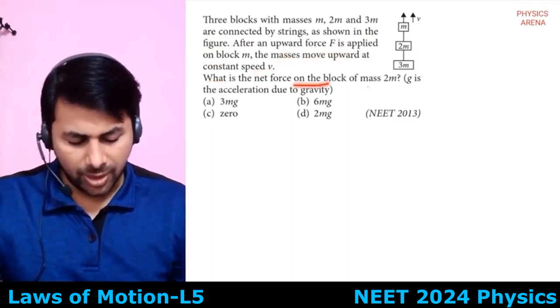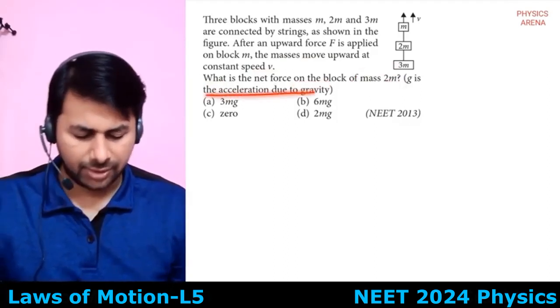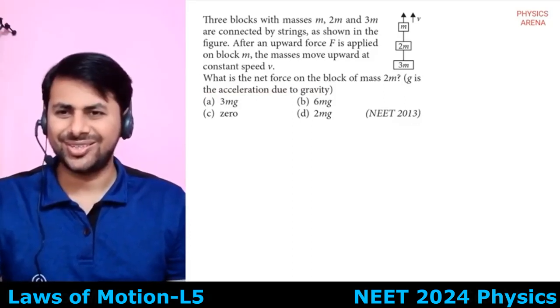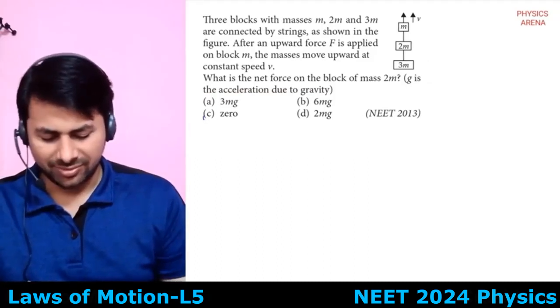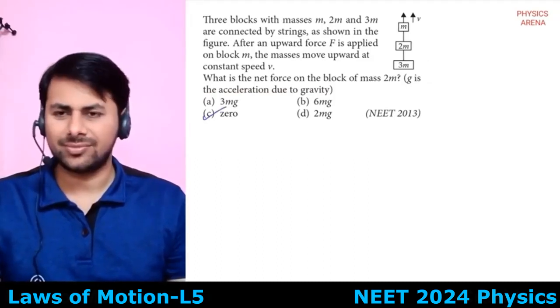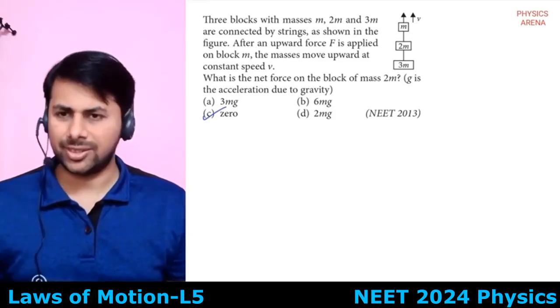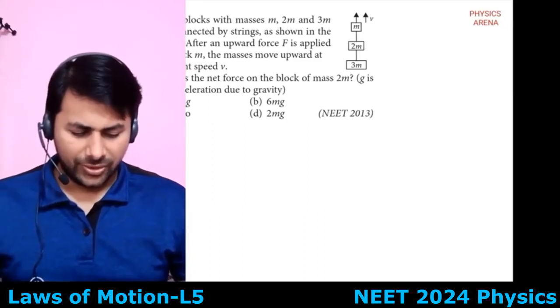What is the net force on the block of mass 2m? g is acceleration due to gravity. So tell me, what should we do? It's option C. Why? Because it's moving with constant velocity. Right. Okay, good.